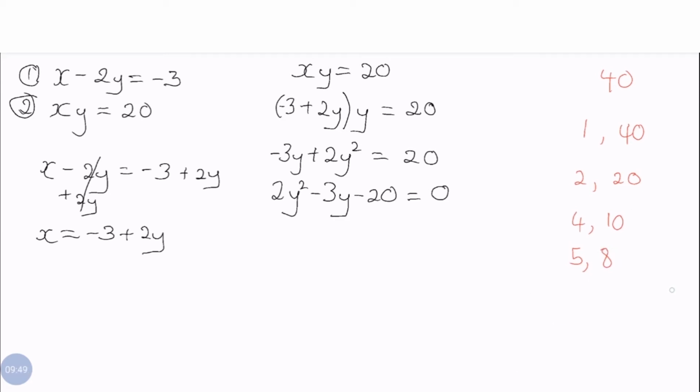No, I don't think we do. So let us see which of these pairs of factors we can use to get an answer of -3 when we add them together. I think we can use this pair of 5 and 8, when we have the 8 as negative, so that when you add negative 8 and 5, you will get an answer of negative 3, which is the coefficient of this y.